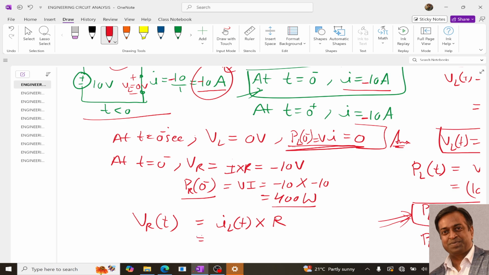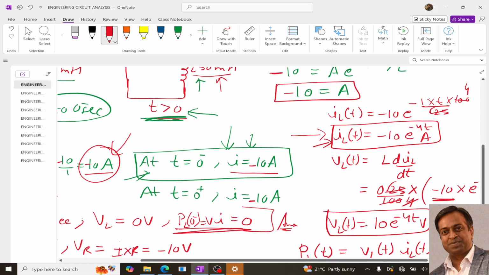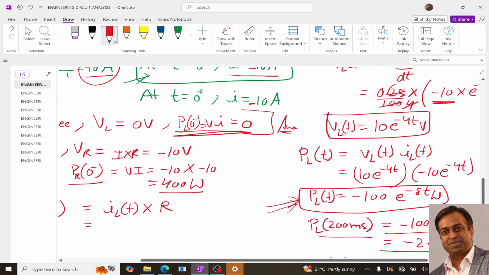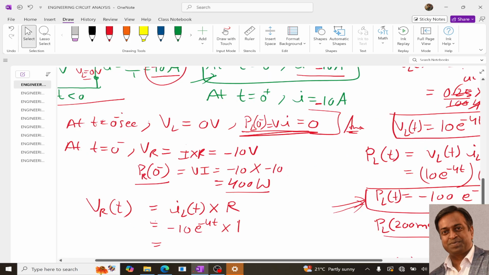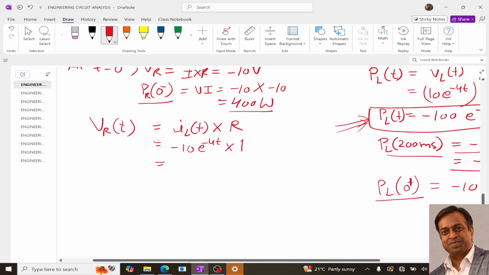So the IL(t) we get is this, minus 10 e power minus 4t, into R, which is 1. So our VR is minus 10 e power minus 4t. This is VR(t).